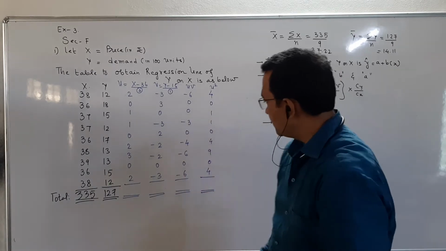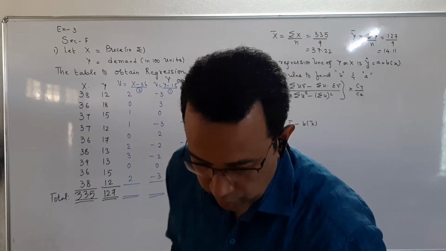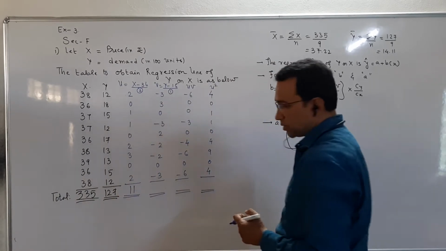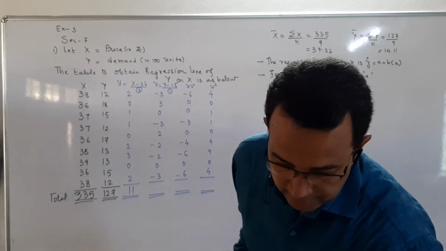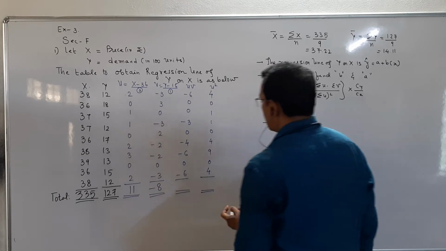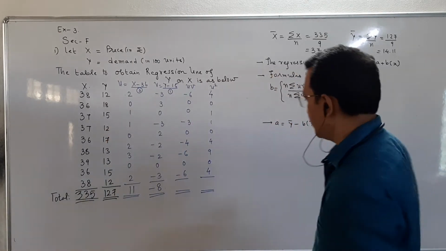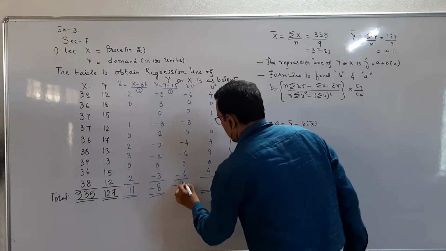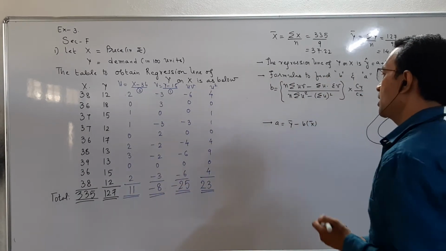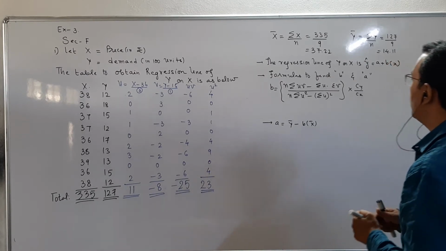So students, if I write total of all these values, total of U is 11. Total of V is minus 8. Total of UV is minus 25. And total of U square is 23. Okay, now students, we substitute the values.